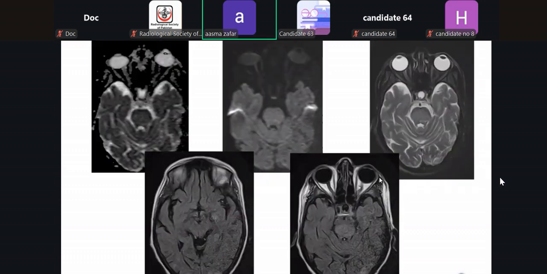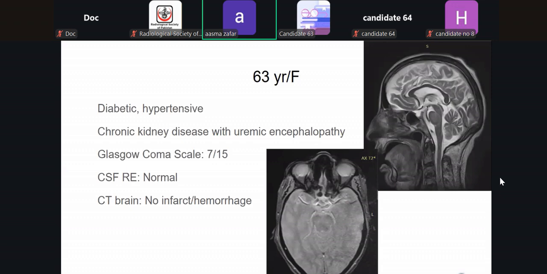PRES goes with the history, but PRES is very unlikely in the midbrain or pons. So hypertensive brainstem encephalopathy versus PRES. So what to do next? It's an emergency. Both are associated with high blood pressure. He is hypertensive.